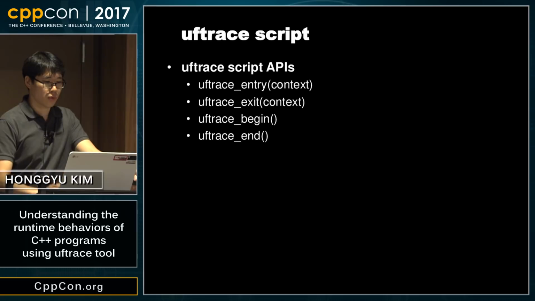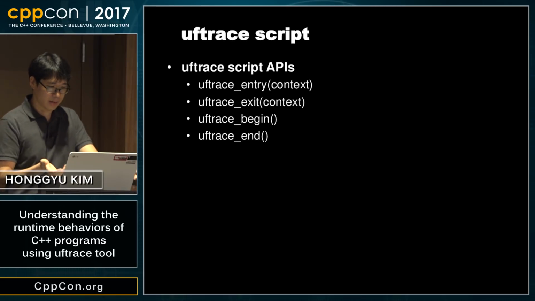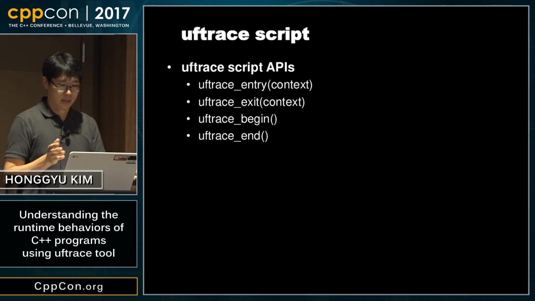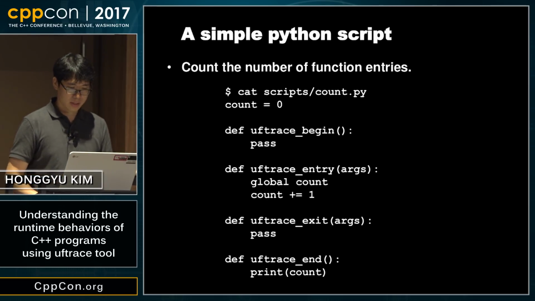It provides four functions: uftrace entry is invoked whenever the function is entered, uftrace exit is invoked whenever the function is exited, and begin and end are executed only once. There is a simple example.